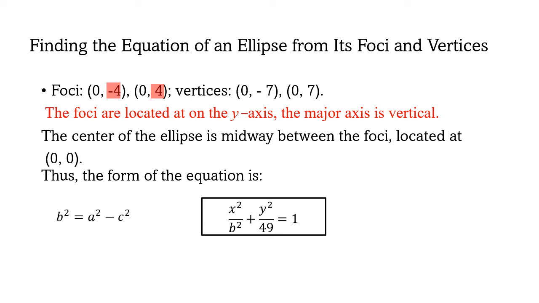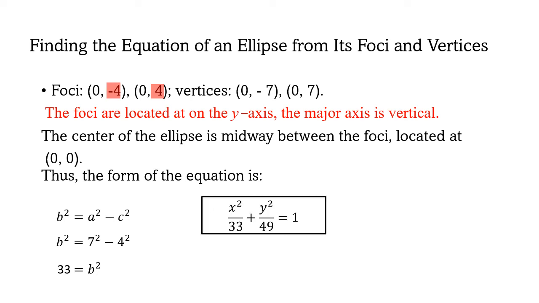But we know that b squared equal a squared minus c squared. Therefore, b squared equal 33. Therefore, the equation will become x squared over 33 plus y squared over 49 equal 1.